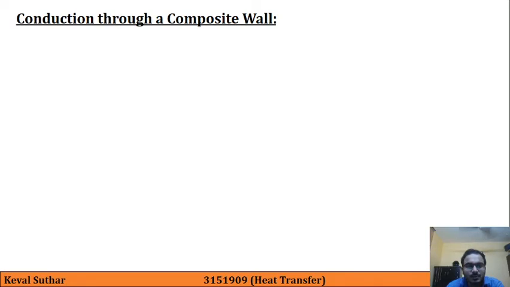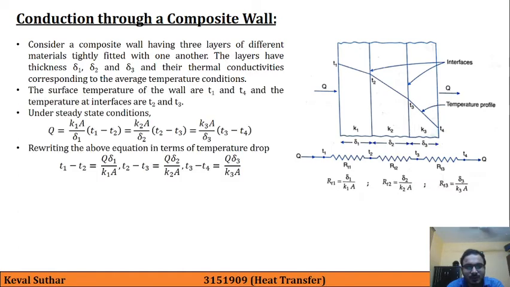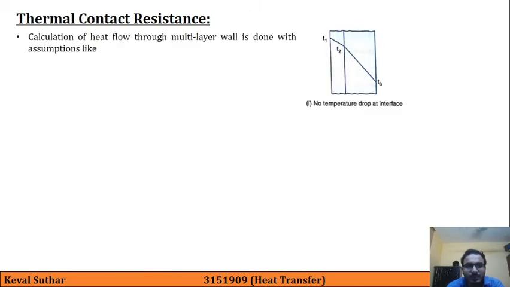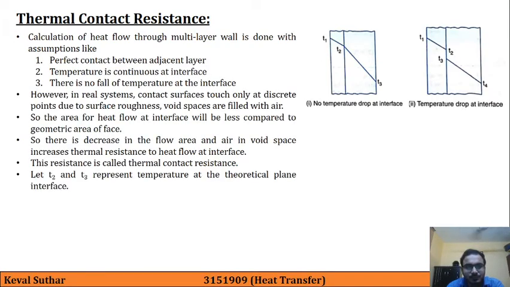Then we discussed conduction through a composite wall, that is, a combination of more than one wall. The next thing was thermal contact resistance, which happens because of imperfect contact between two walls, in which the void spaces are filled with air.